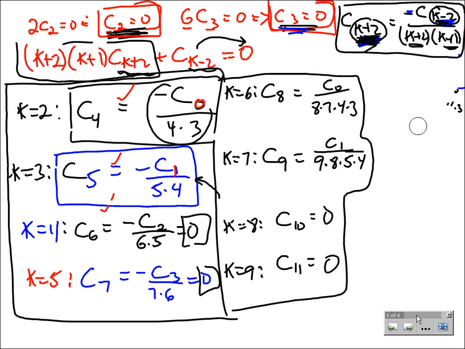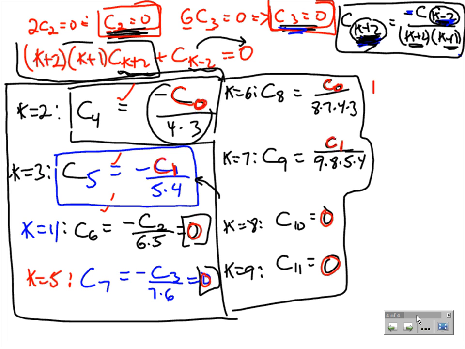And I do see some pattern. The last ones are 0. The ones before last are 0. And the next one up, they're all multiples of C1. And then the one above that are multiples of C0.